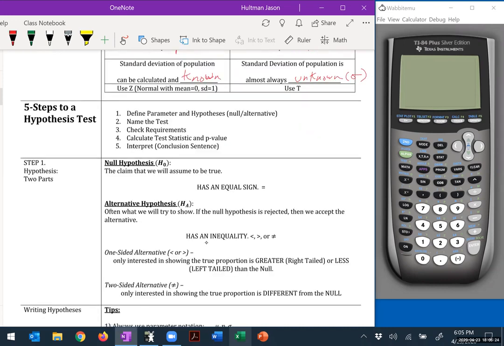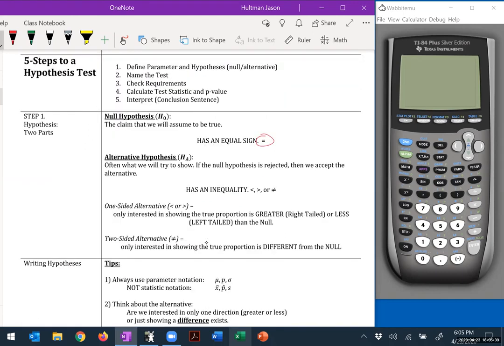Five steps to a hypothesis test. This is exactly the same thing that we did before. The null hypothesis, H sub 0, is the claim that we assume will be true, and it always has the equal sign. The alternative hypothesis is often what we will try to show; if the null hypothesis is rejected, then we accept the alternative. It has a less than, greater than, or not equal sign depending upon what is being asked.